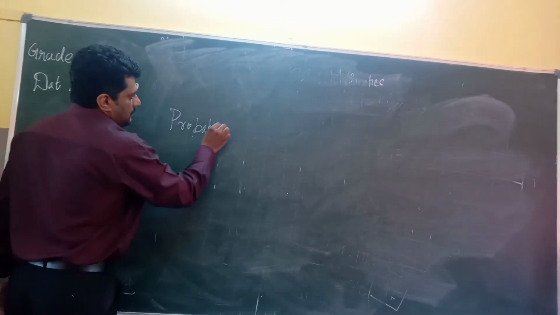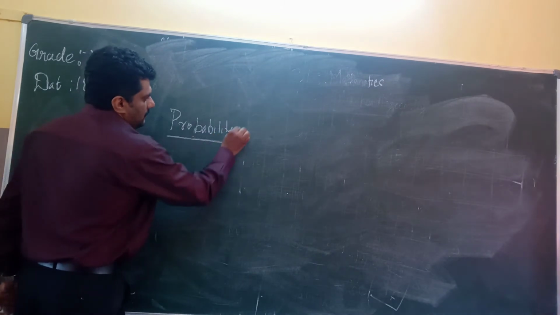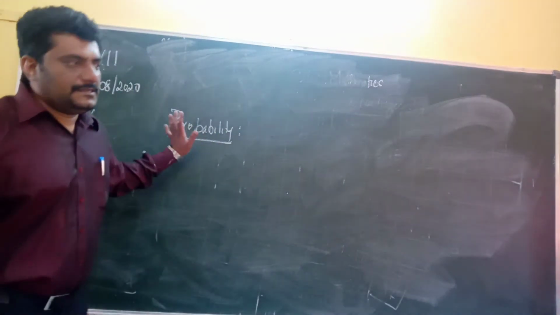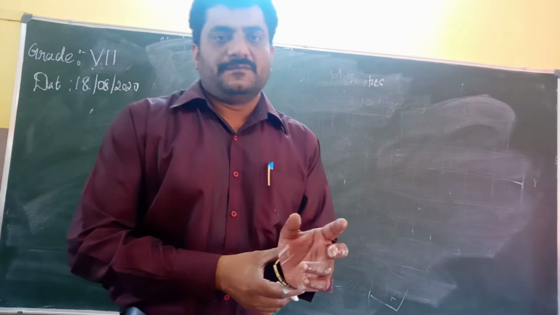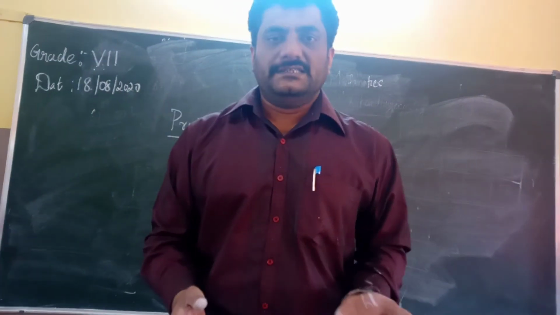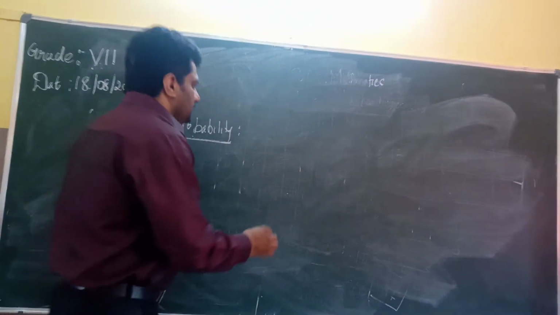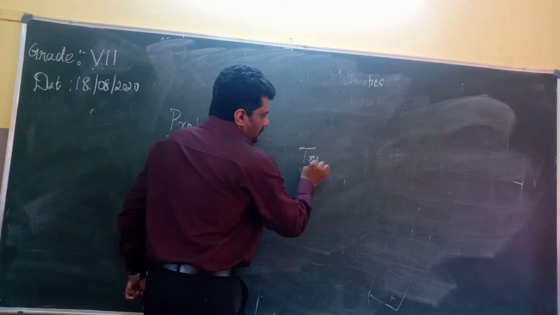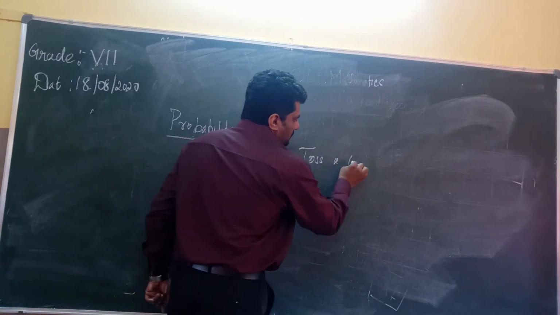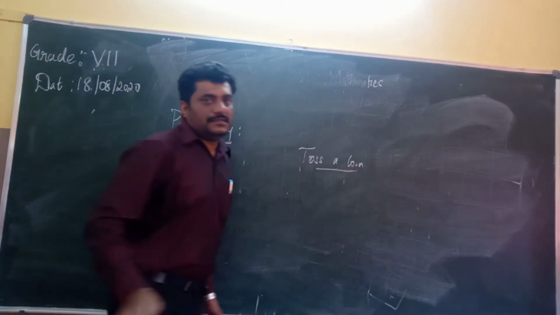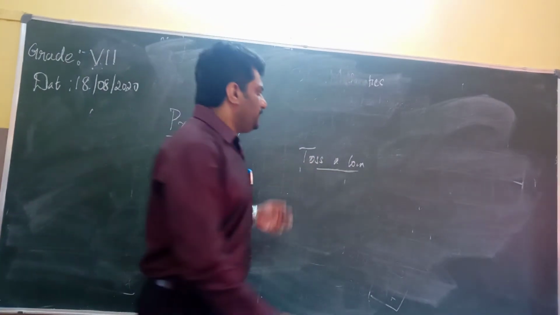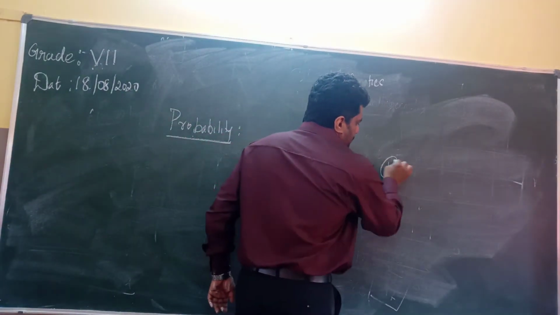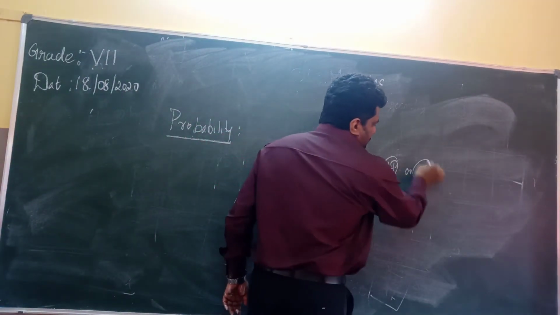probability. Now, what is the meaning of probability? Probability is nothing but a chance. For example, you toss a coin. When you toss a coin, you either get heads or tails.